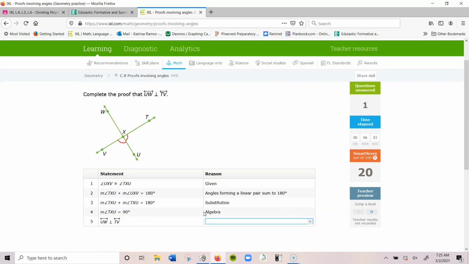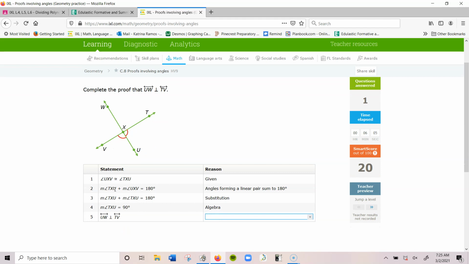Okay, now here we are told that angle UXV, the one with the red line, is congruent to TXU, also the one with the red arc there. And that those two angles, TXU and UXV, add up to 180 because they form a linear pair.